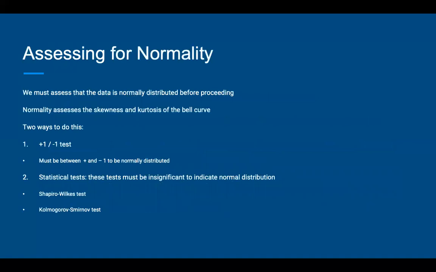Okay, so assessing for normality, as I said before, is part of descriptive statistics, and we need to understand whether the data set that you are looking at is in fact normally distributed, not perfectly normally distributed, but approximately normally distributed data.